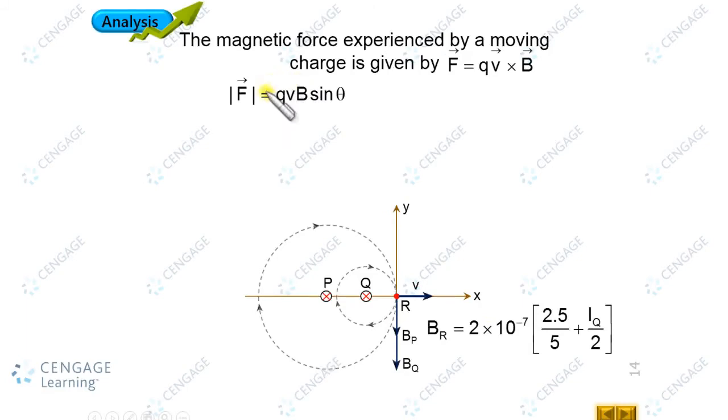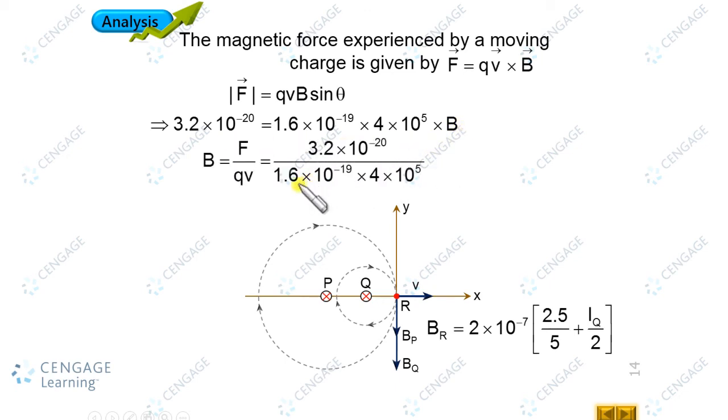So let us substitute the values: magnitude of the charge, velocity, and the other values. B is unknown, so let us find the value of B from this relation. If we calculate, this is equal to 5 into 10 to the power minus 7 Tesla.